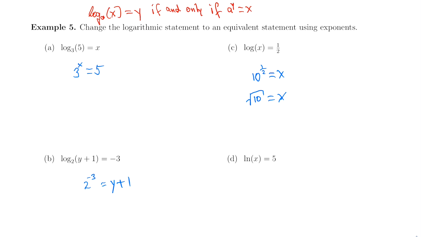And then last but not least, now we're coming to an ln. And ln again was our base e. So we are rewriting it with e to the power of 5, because the logarithm told us what our exponent is. And what was our input is now our output.